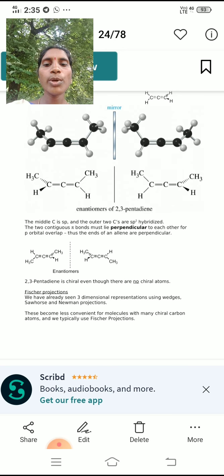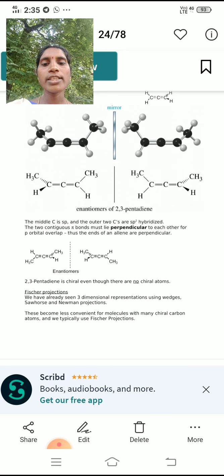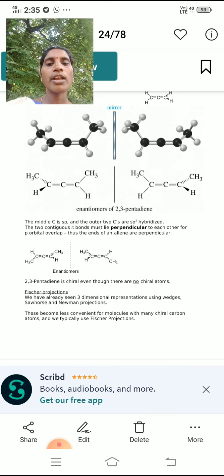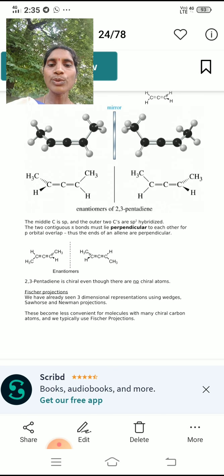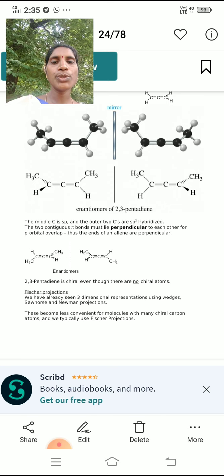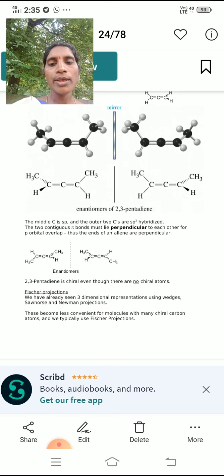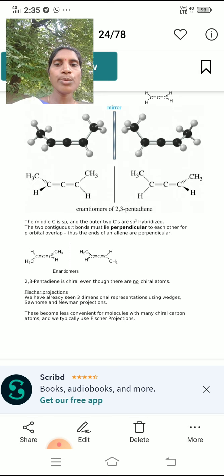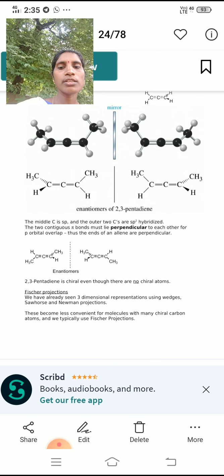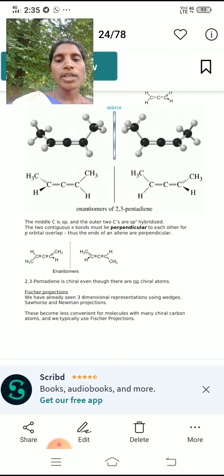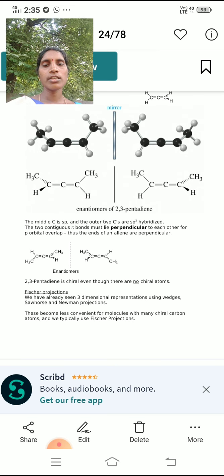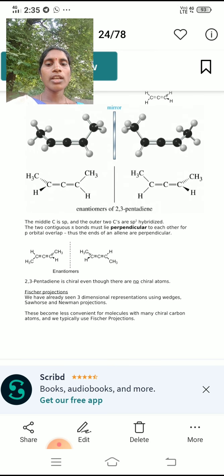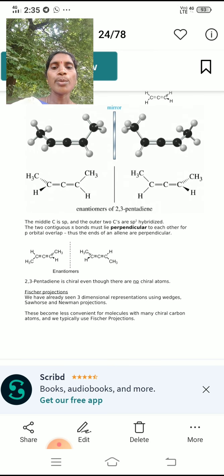The middle carbon is sp hybridized and the other two outer carbon atoms are sp2 hybridized. The two contiguous pi bonds must lie perpendicular to each other for p orbital overlap. Thus the ends of an allene are perpendicular.